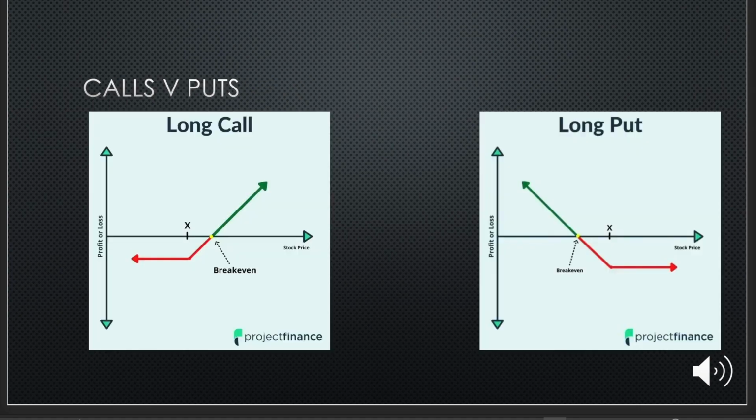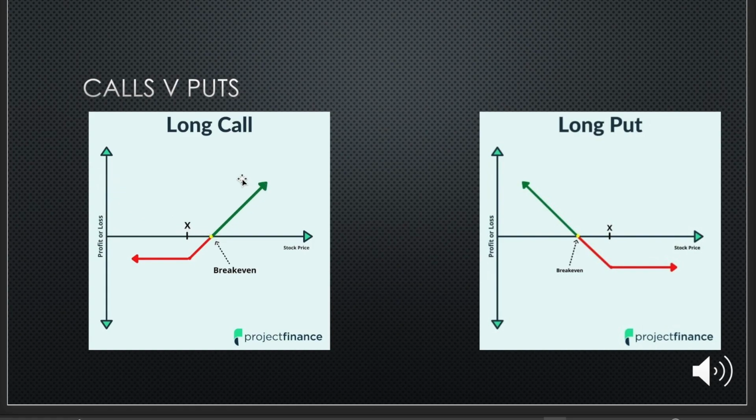Now let's go ahead and take a quick look here at what the profit and loss, or P&L, chart of a call and a put, a long call and a long put, looks like. You really should have this very clear in your mind that on this 2-axis chart, where the vertical axis is profit or loss and the horizontal axis is the stock price, as the stock price moves from left to right, which means it increases, the profit increases as well on the vertical axis.